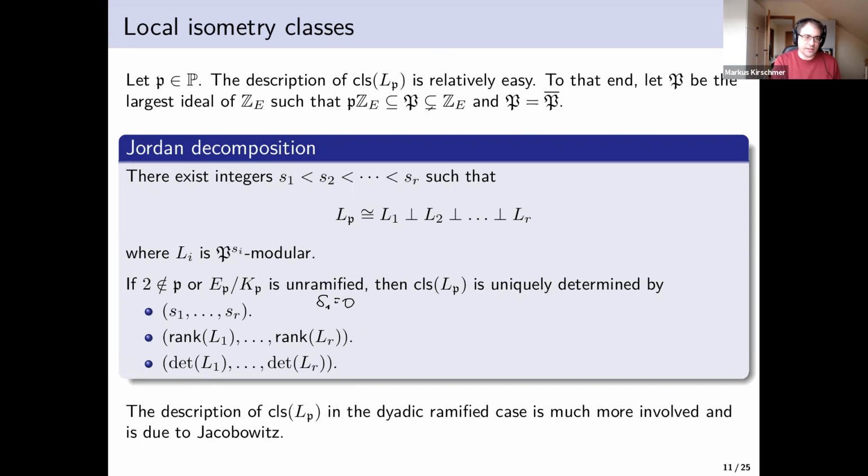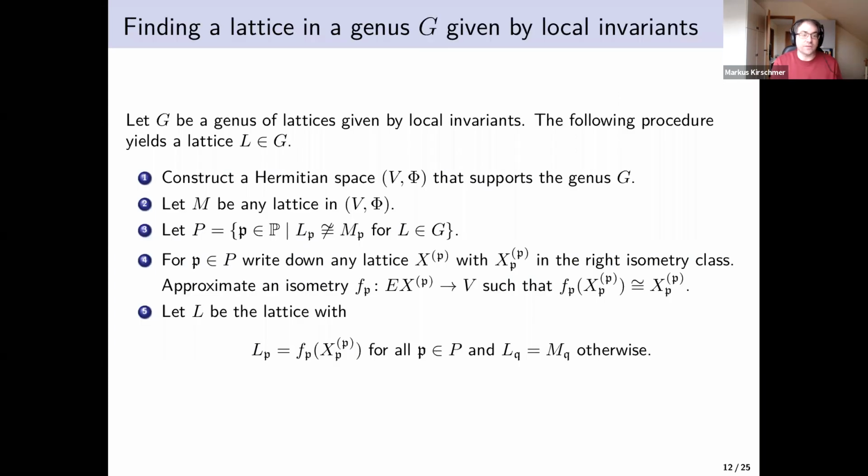So you actually only have to explain to me when it's not the obvious set of invariants. So those are the places that differ from that. So now we are given these invariants, and we want to find a representative, a lattice having these local invariants.